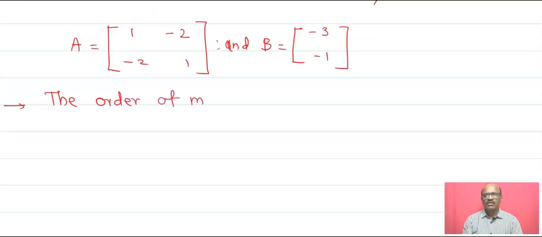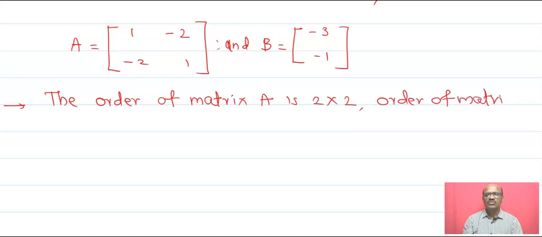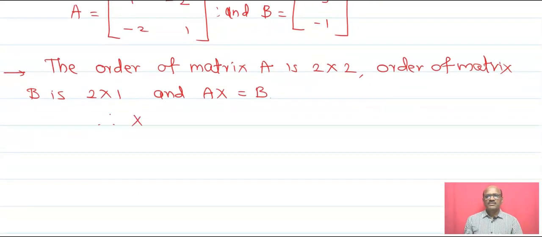The order of matrix A is 2 by 2 and the order of B is 2 by 1. Therefore, the order of their product is 2 by 1.